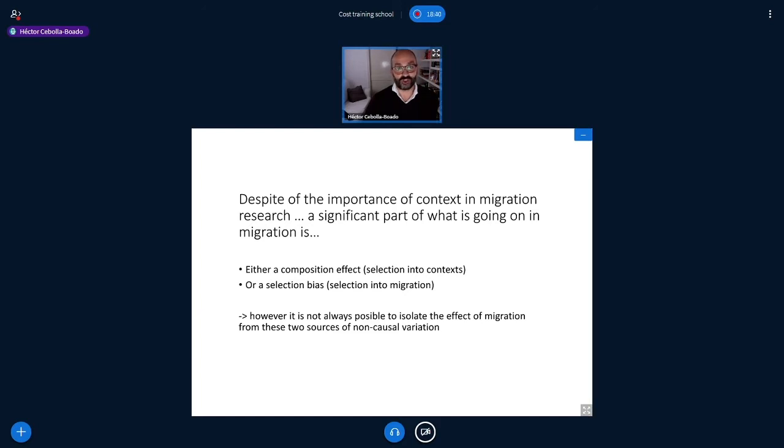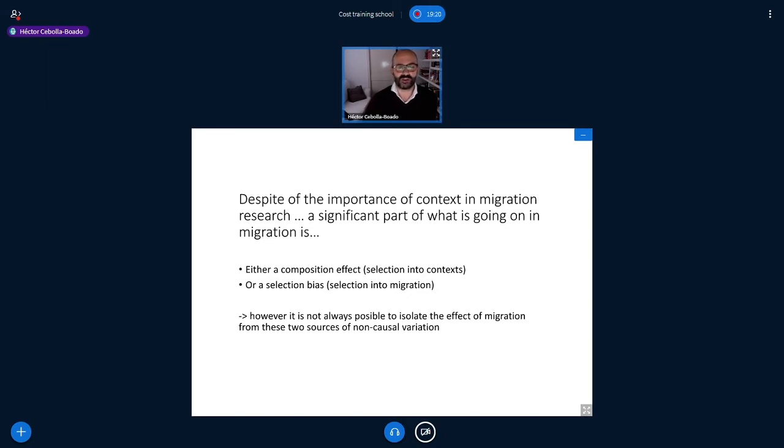It's not always easy to do so, particularly if you work with surveys, particularly if you work in the context of this kind of methodological nationalism that we suffer in migration research. We tend to have migrants in samples of natives. We identify them in samples of natives in statistical operations that represent populations in destination. We most of the time lack information about how different these migrants are from those in origin who didn't migrate, or how different they are when they cluster in different schools or in hospitals or in regions and not in others.